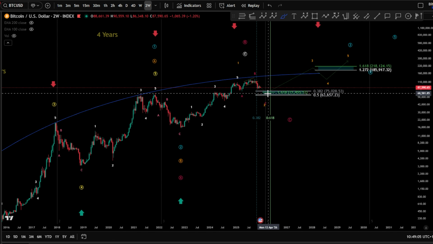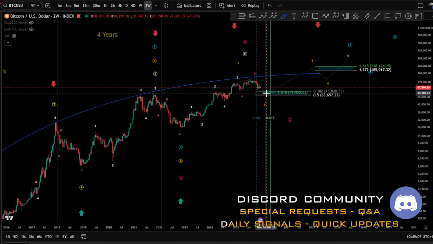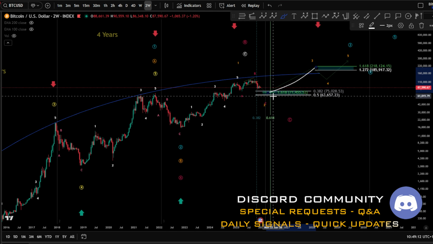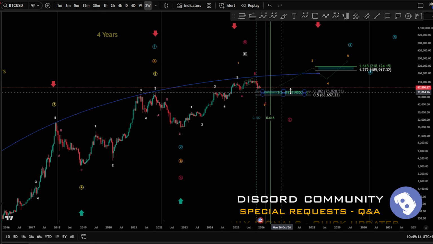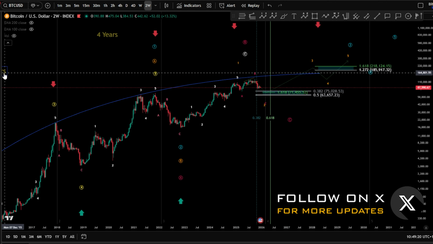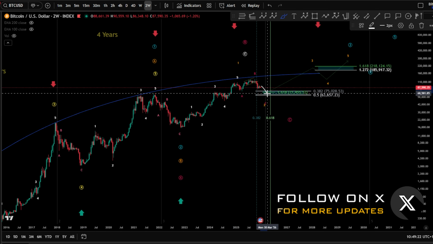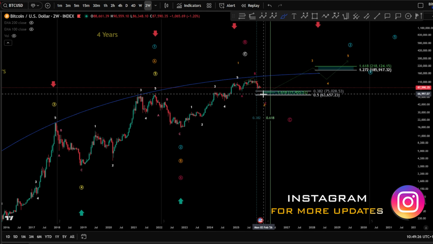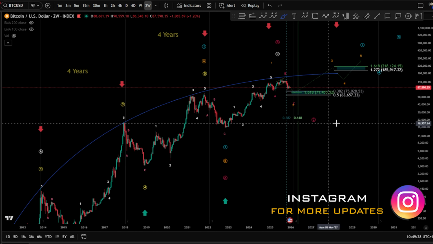So that would be a very nice opportunity from the 68k to the 218k here for Bitcoin. Can be, of course, a very massive move, and we're talking about here at least the 173%, in case, of course, that we get this cycle unfolding, of course, for something very, very bullish. Yep, so these are the possibility for the bullish on the all-time history.